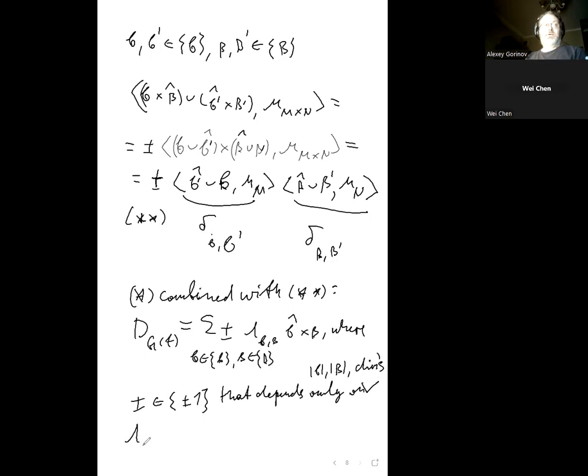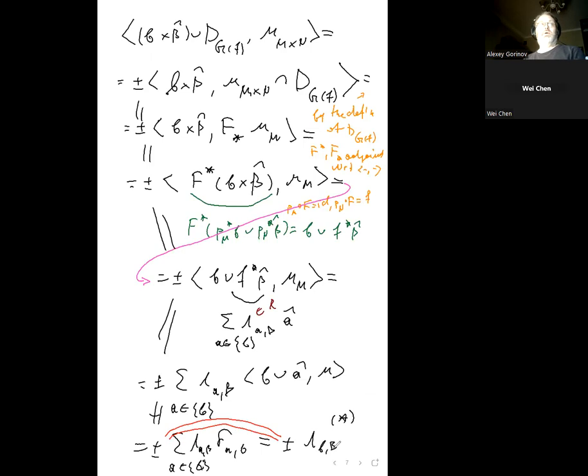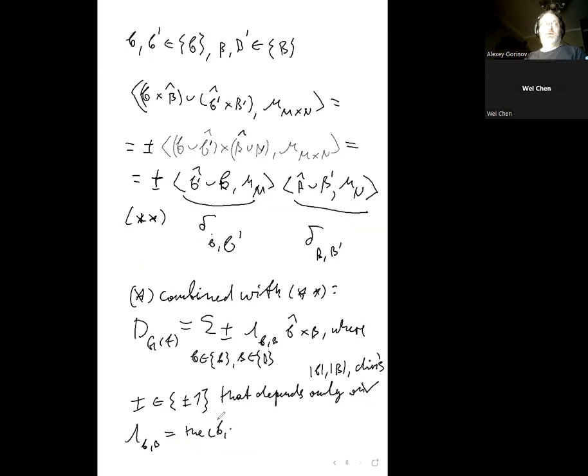And lambda B beta is the B beta entry of F in the basis beta roof and B. Okay, so modulo some sign issues.